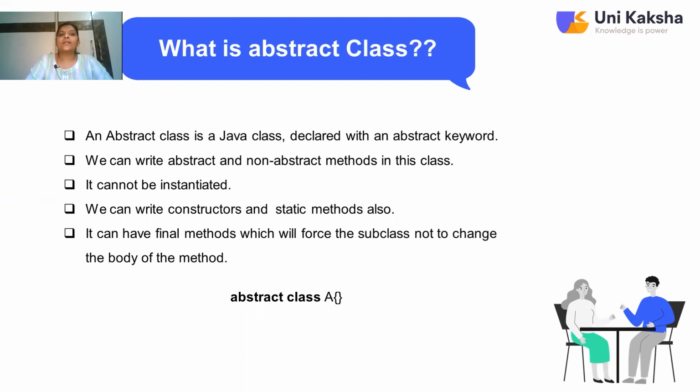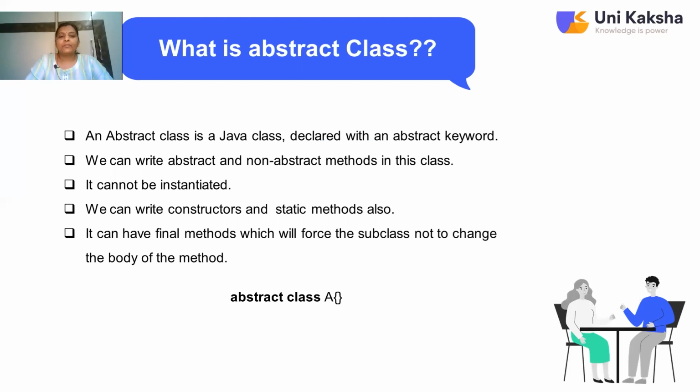Next, we can write constructors. It can be a parameterized or default constructor, and static methods can be written in the abstract class as well. You can also have final methods, which force the subclass not to change the body of the method.